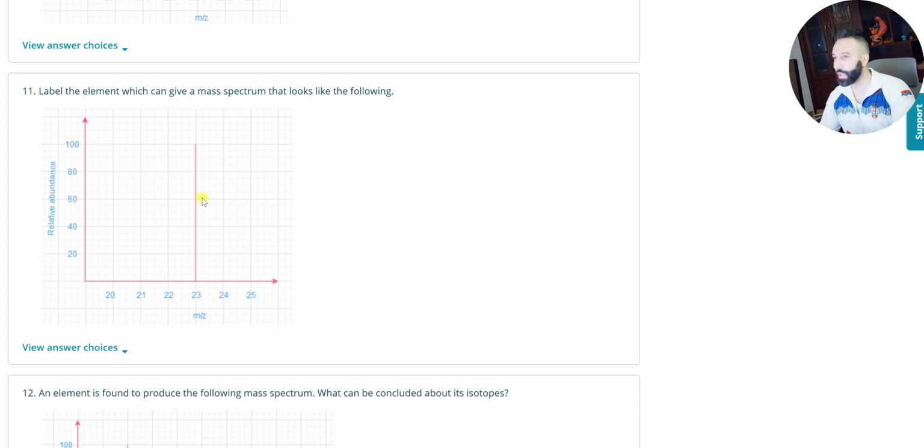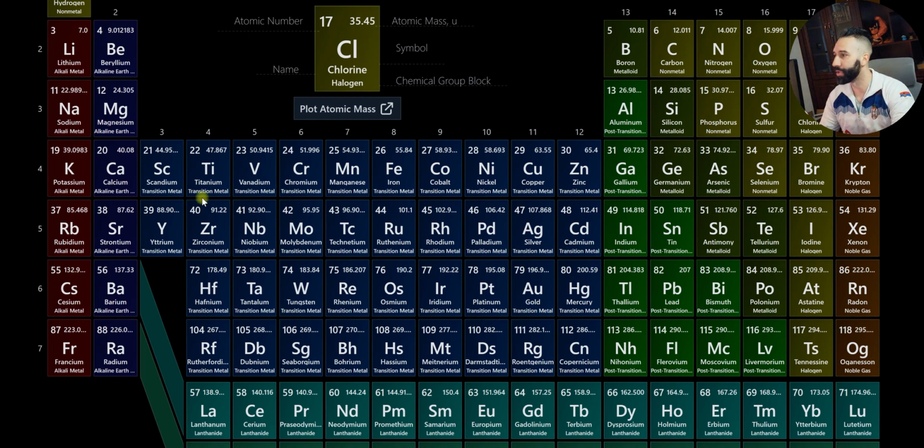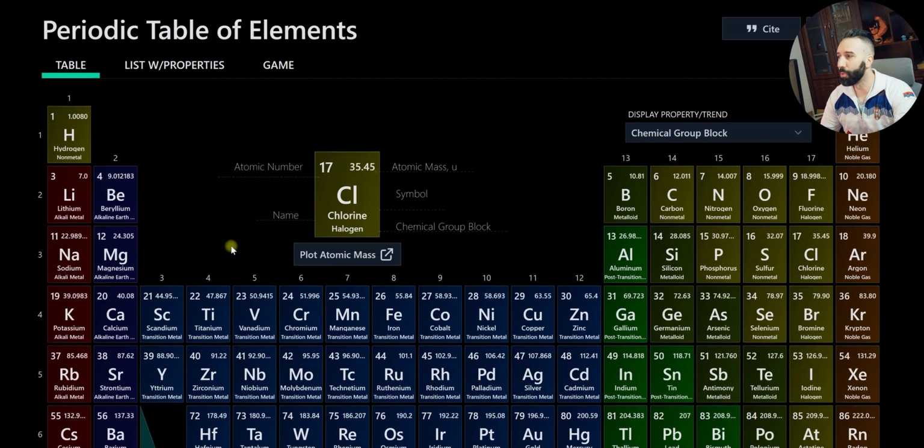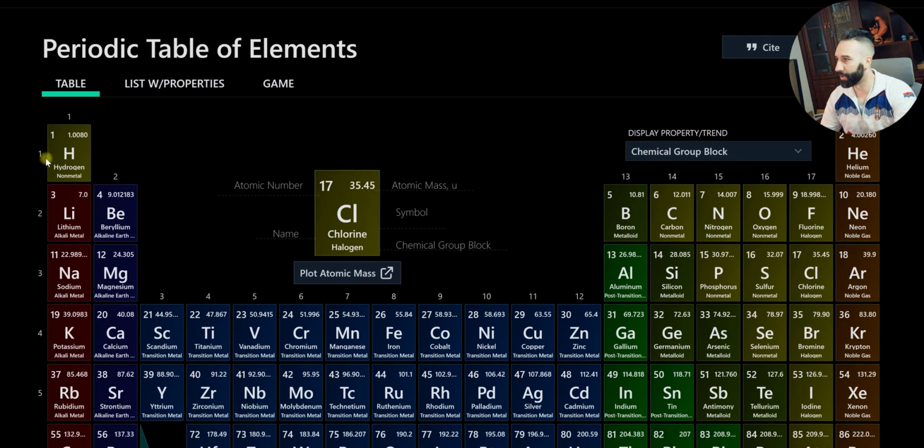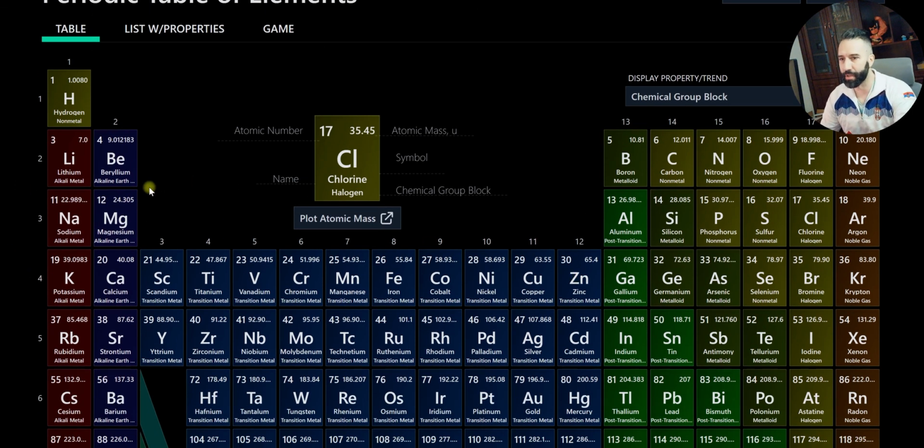So let's look at the periodic table and try to figure out which element that is. You will notice that in the periodic table, as you go from left to right and then down, both the mass and the atomic number increase. So see, 3 and 7, and then here's 4 and 9, so both increase, 5 and 10, and so on.